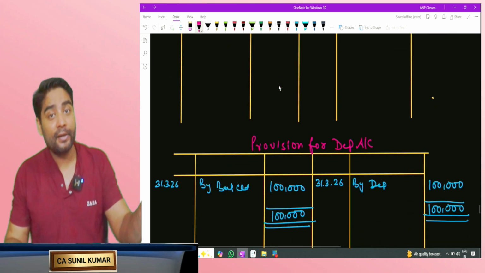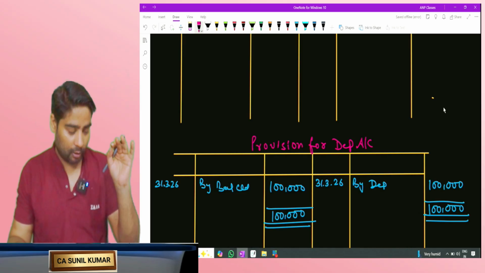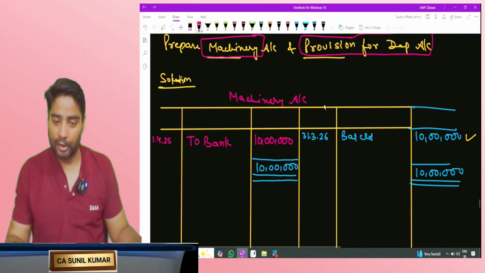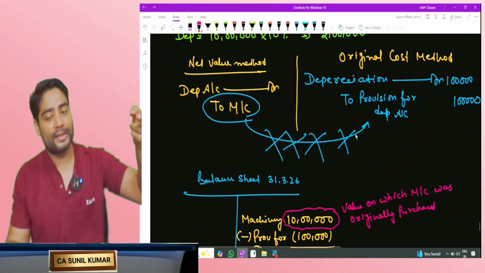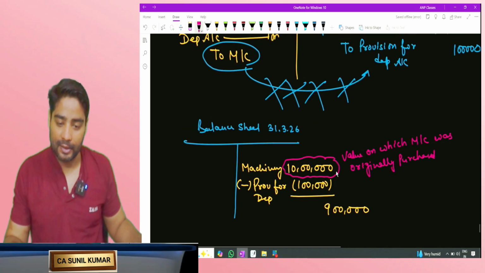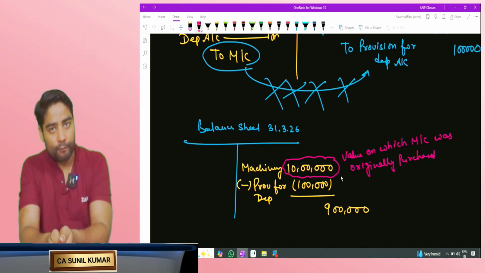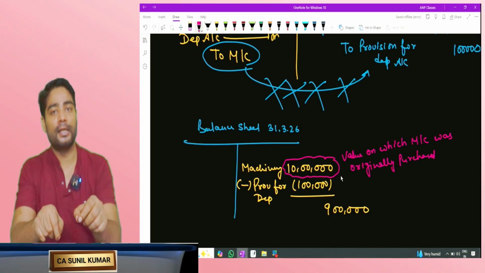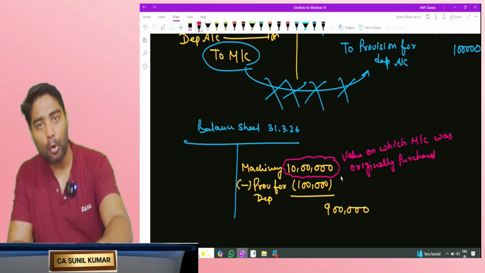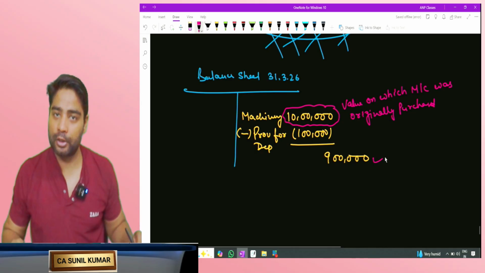For the depreciation, we are taking it to a provision in another account, called provision for depreciation account, in place of the machinery account. So we have two account balances, one debit and one credit. The debit balance of machinery is 10 lakh and the credit balance of provision for depreciation is 1 lakh. We shall set off these balances, show them in the balance sheet and write the net value.